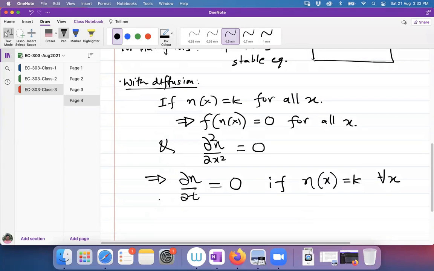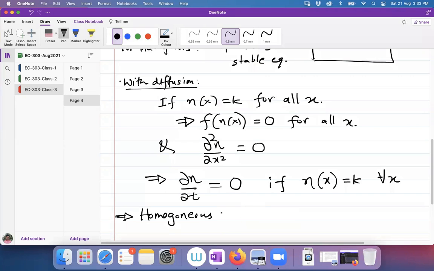Okay, so is it clear to everyone? By the way, I haven't heard yes or no from anyone else. I think only one person is responding to me. Yes, it's clear. So what this basically means, if n(x) equals k for all x, it's also called a homogeneous solution, a homogeneous mean field solution.